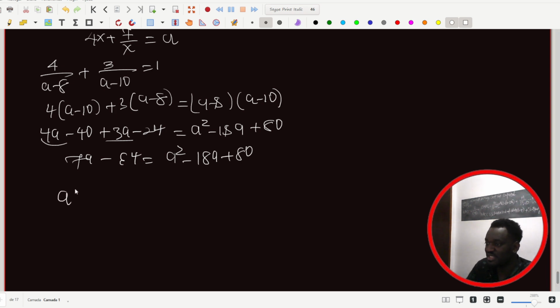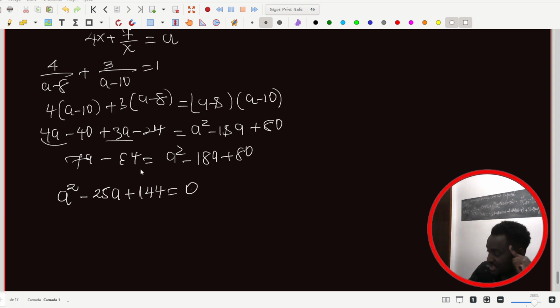So this can be written as a squared minus 18a plus 7a, because it's going to come here negative. We're going to have minus 25a, and then 64 plus 80, we're going to have plus 144, and then this equals 0.